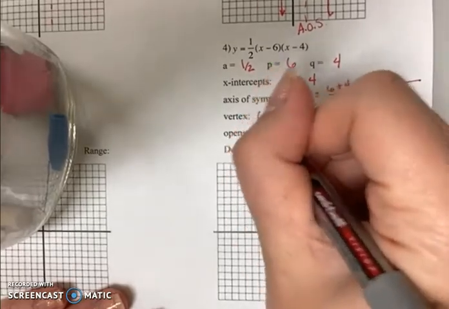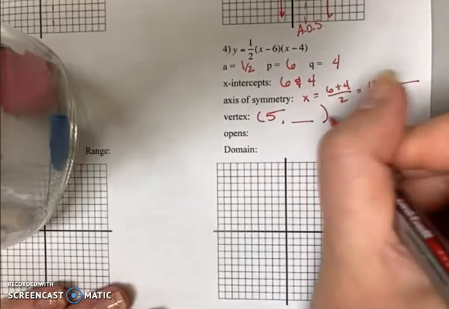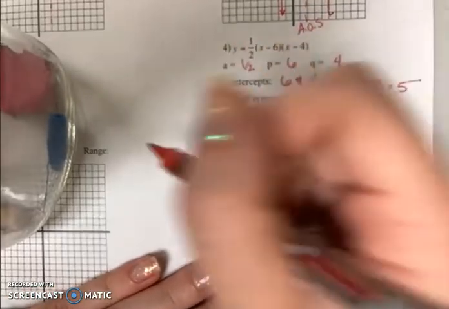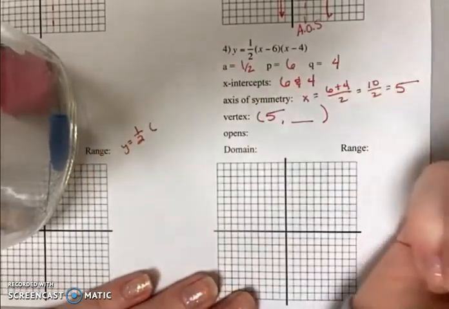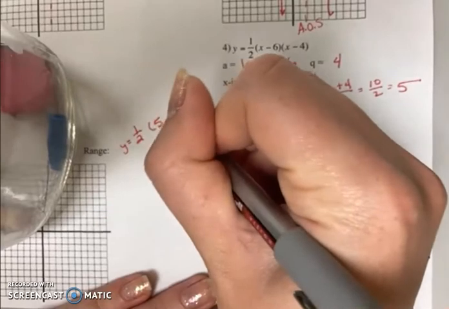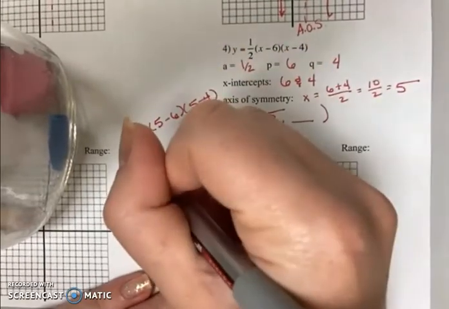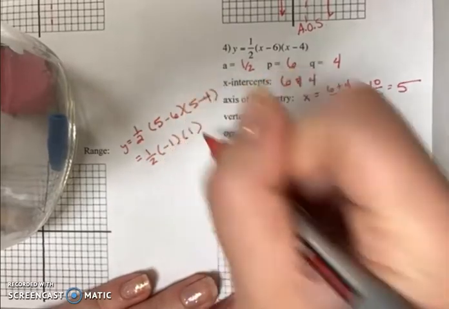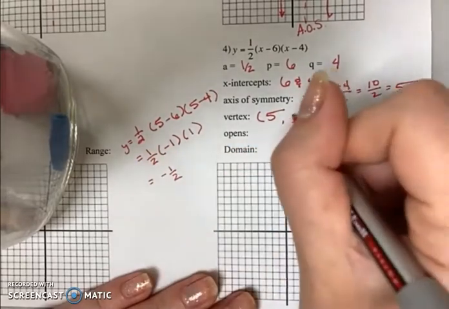The vertex has the same x value. To find the y value, we're going to plug that in. I'll write it over here. So I have y equals 1/2 times 5 minus 6 times 5 minus 4. So that's 1/2 times -1 times +1, which would give me a -1/2.